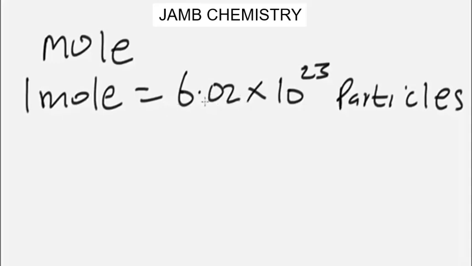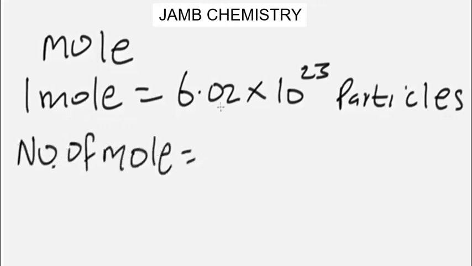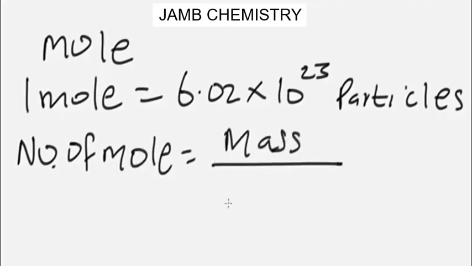Now let's look at the general formula for calculating the mole of a substance. So number of mole equals mass of the substance, or mass of element or compound, over the relative formula mass of the substance, element or compound.